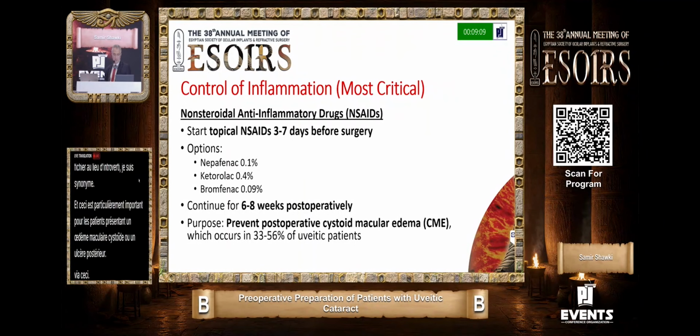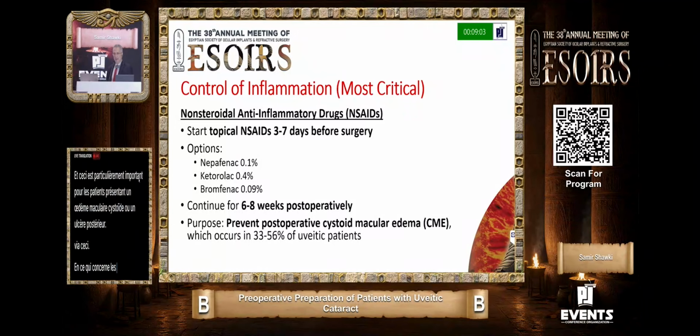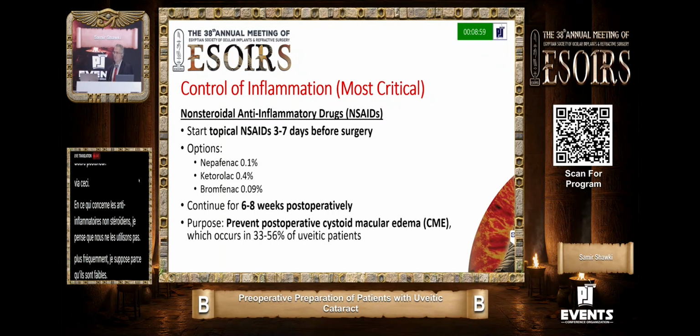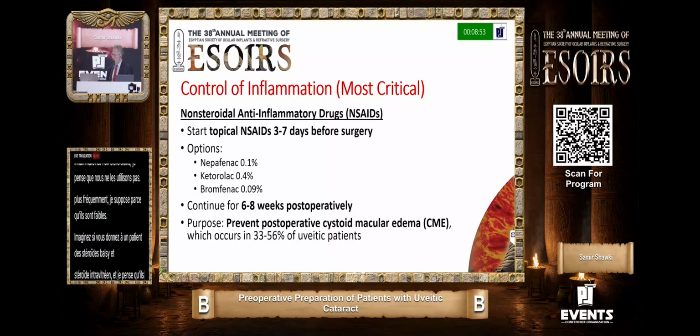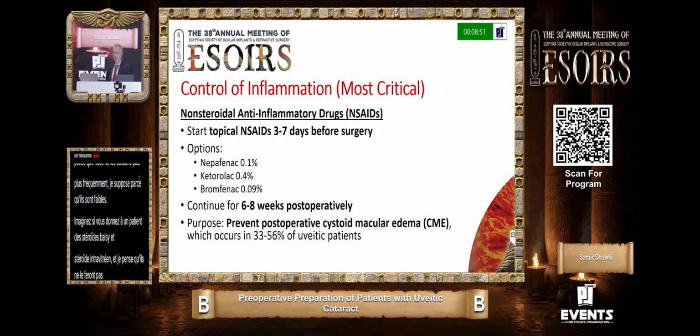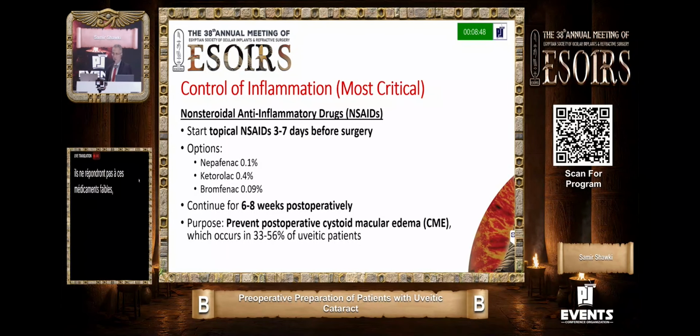Coming to the non-steroidal anti-inflammatory drugs, I think these medications, we are not using them more frequently, I guess because they are weak. Imagine if you are giving a patient pulse steroid and intravitreal steroid, I think they will not respond to these weak medications, but in some cases, I think we may revert to them. For example, if you have a patient with high intraocular pressure who cannot afford steroids, you can give them. They are safe medications.